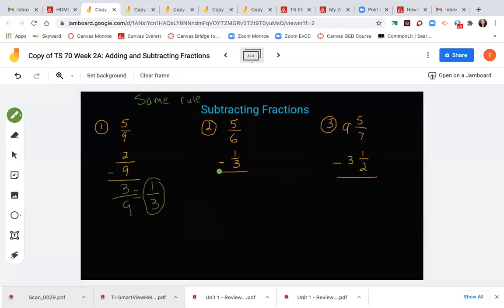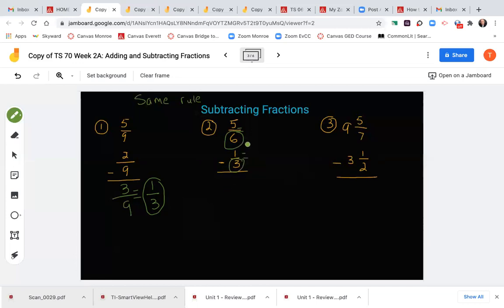All right. Now, this next example is I've got 5/6 minus 1/3. In this case, I look at my denominators, just like I did with my adding, and I ask myself, what is the lowest number that both 6 and 3 go into?